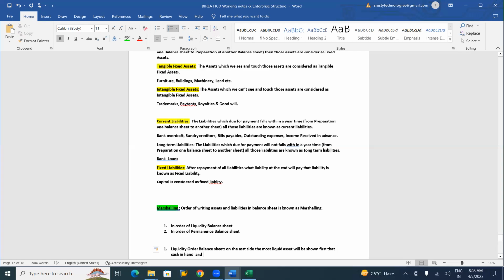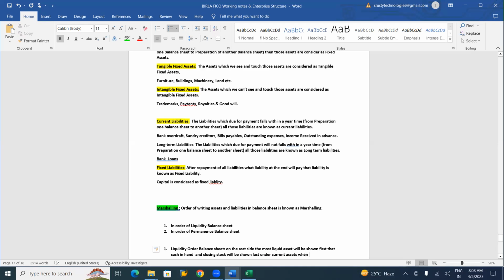And closing stock will be shown last under current assets.